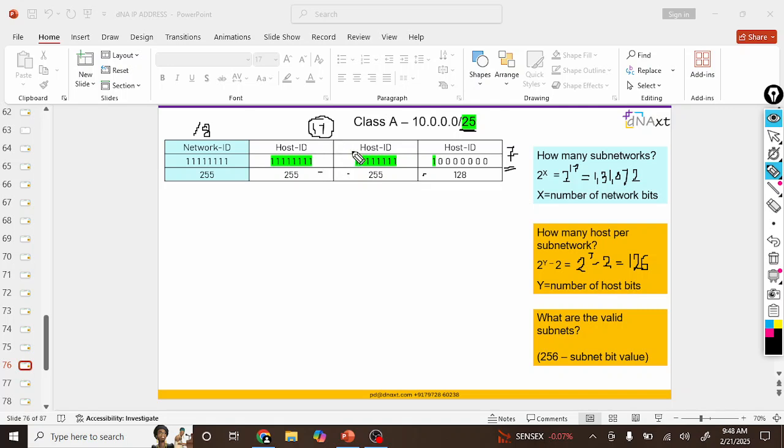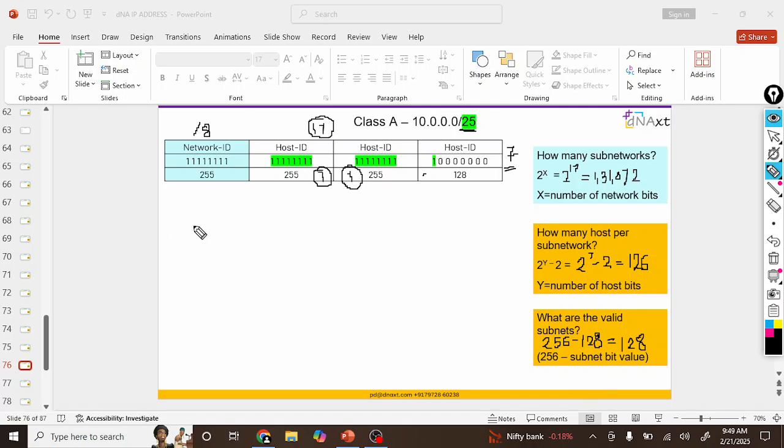Now here we will first increment this octet, then this octet, and then this octet. The increment will be 1 in the second octet, again 1 in the third octet, because 256 minus 255 is 1, and in the fourth octet it will be 256 minus 128, that is 128.